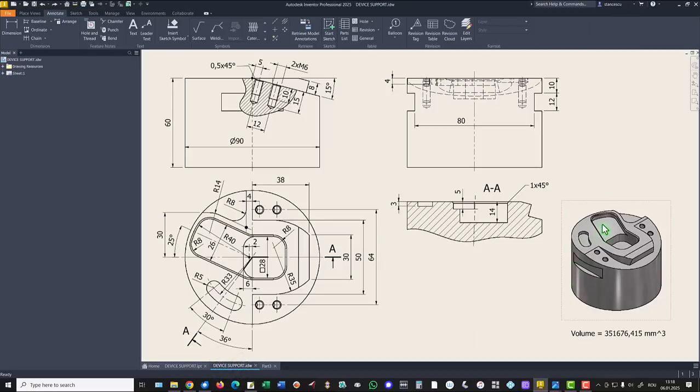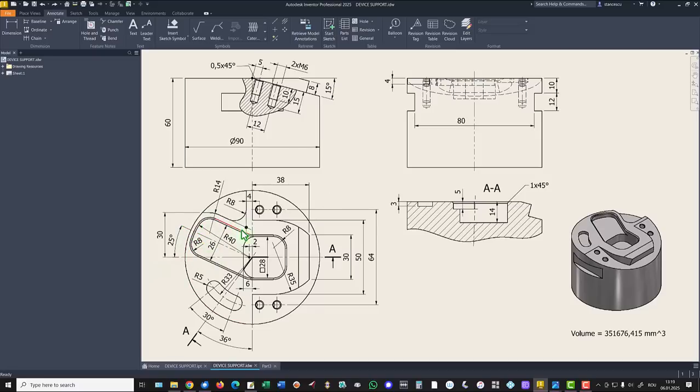Next is this cut, you see here, with dimensions 26 the width, radius 40 with a center at 2 millimeters on the same horizontal, and 25 degrees.